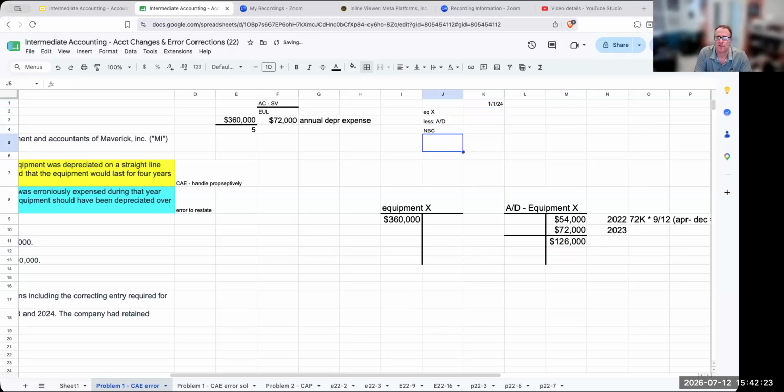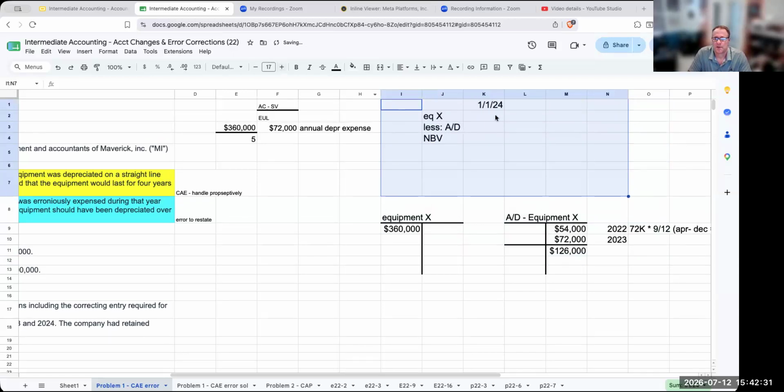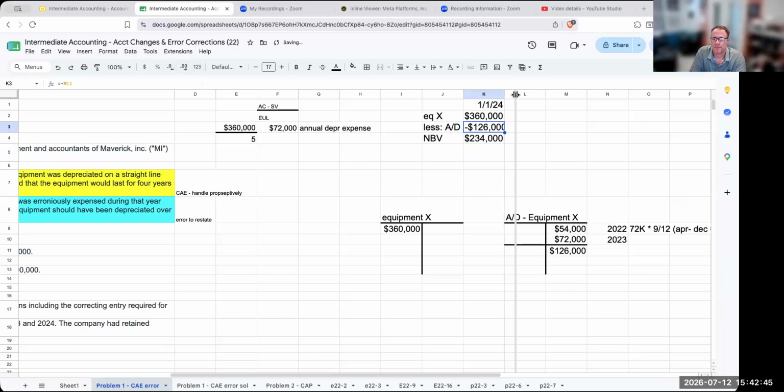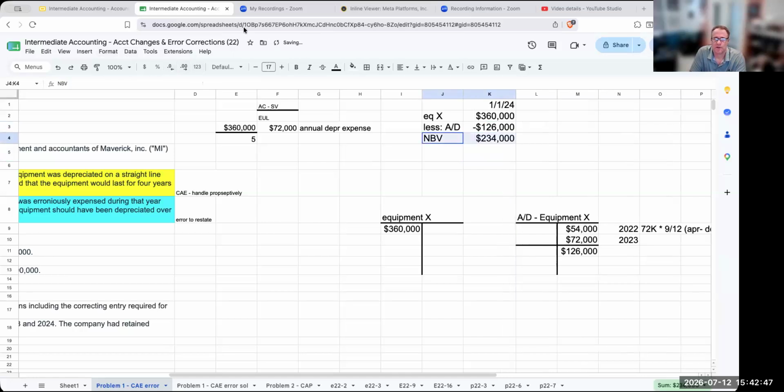That is the net book value, not the National Broadcasting Company. Prior to the change of estimate, and it's a change of estimate, my net book value for this equipment is going to be 234,000. Okay, so we know that.